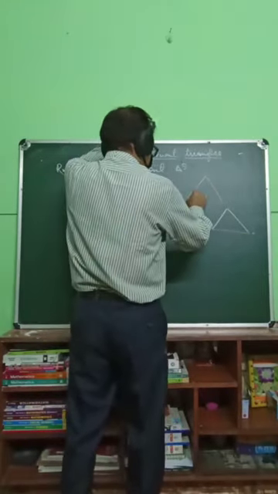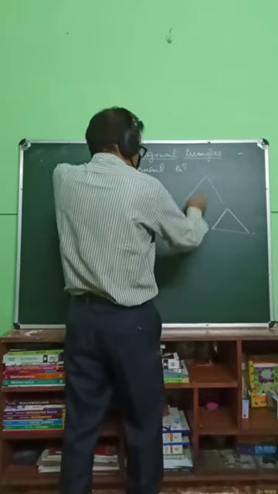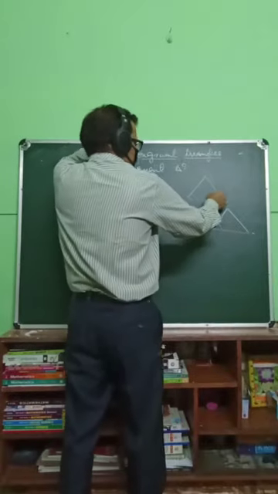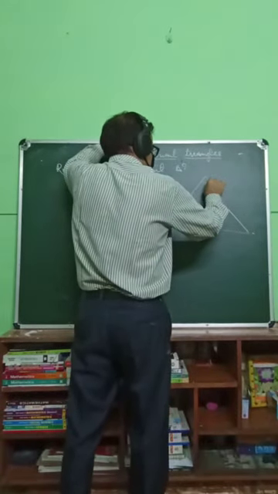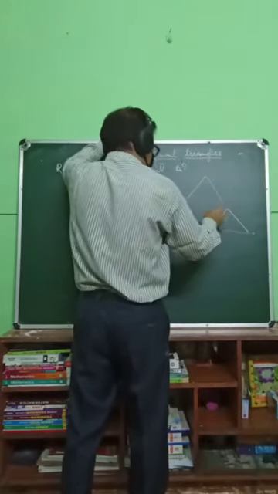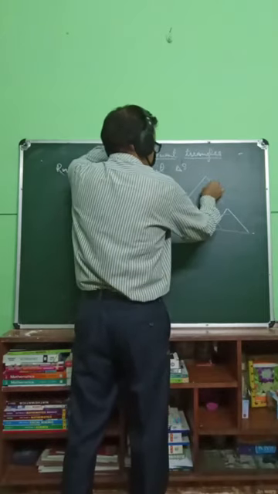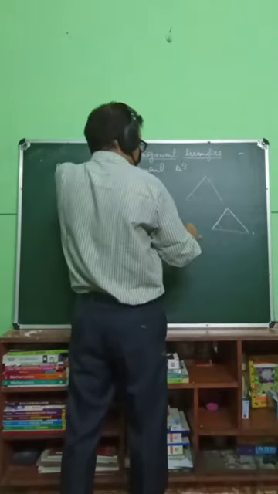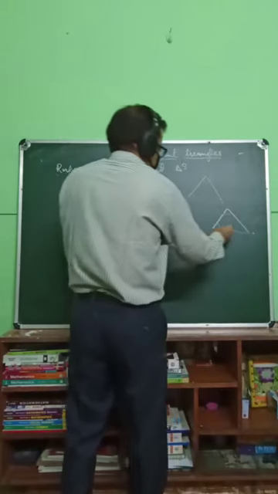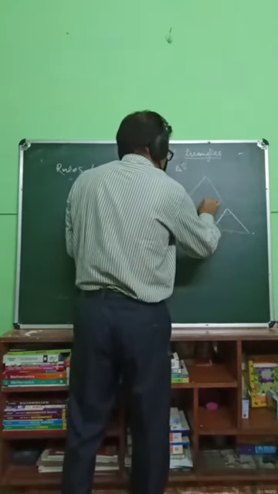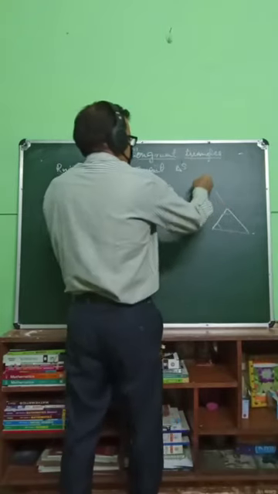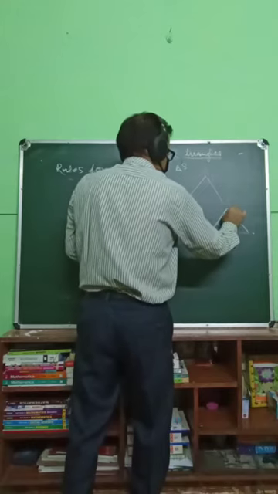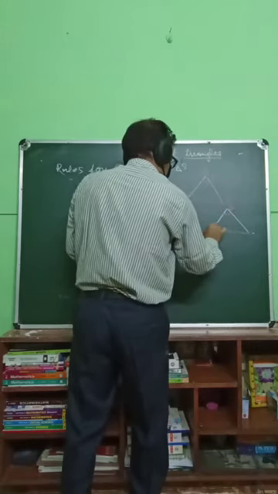Now this angle they are same, this angle they are same, and this side they are same. It is A, B, C. This is D, this is E, this is F.